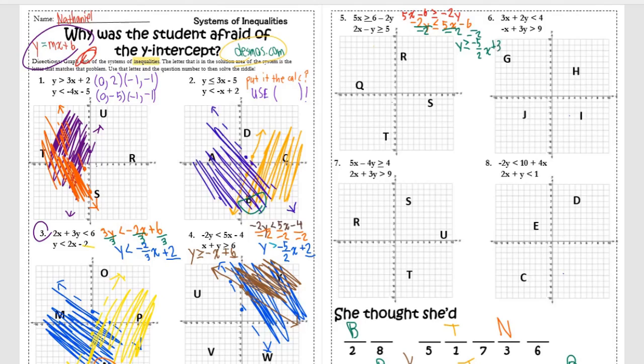Okay, so 2 good points for this one are negative 2, 8, x is negative 2 and y is 8, and 0, 3. X is 0, y is 3. It is y is greater than or equal to, so we're going to have a solid line.